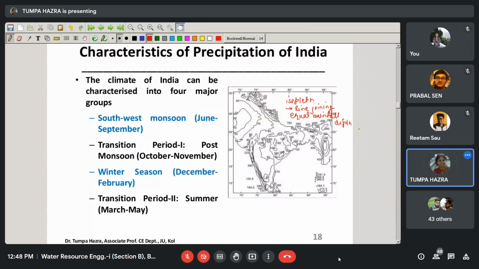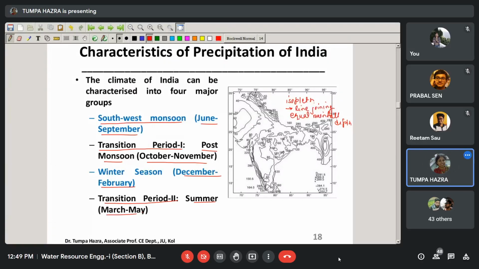Now, the climate of India can be categorized into four major groups. One is the southwest monsoon, extending from June to September. One is transition period 1 or post monsoon, extending from October to November. Then the winter season, that is December to February, and finally transition period 2, that is summer, March to May.